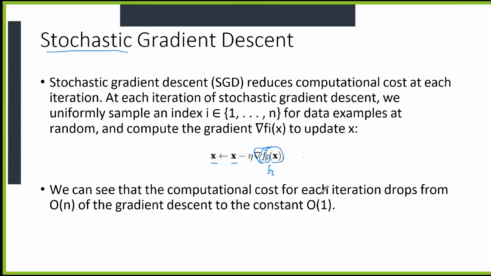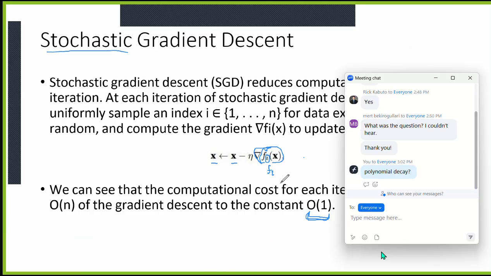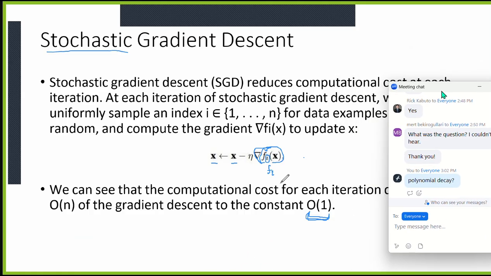This is much cheaper in computational cost compared to batch gradient descent, since it becomes constant time complexity. But since we are computing the gradient based on one randomly sampled training example, the gradient is more noisy compared to the accurate gradient obtained by batch gradient descent.